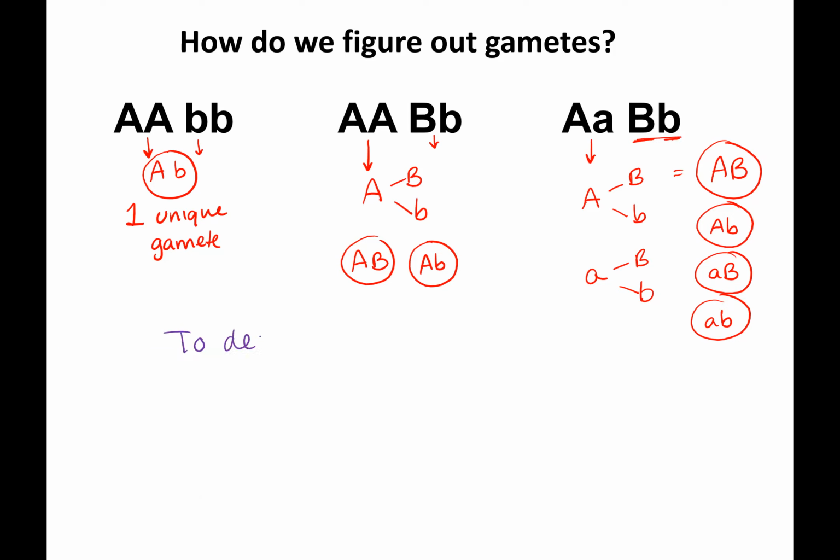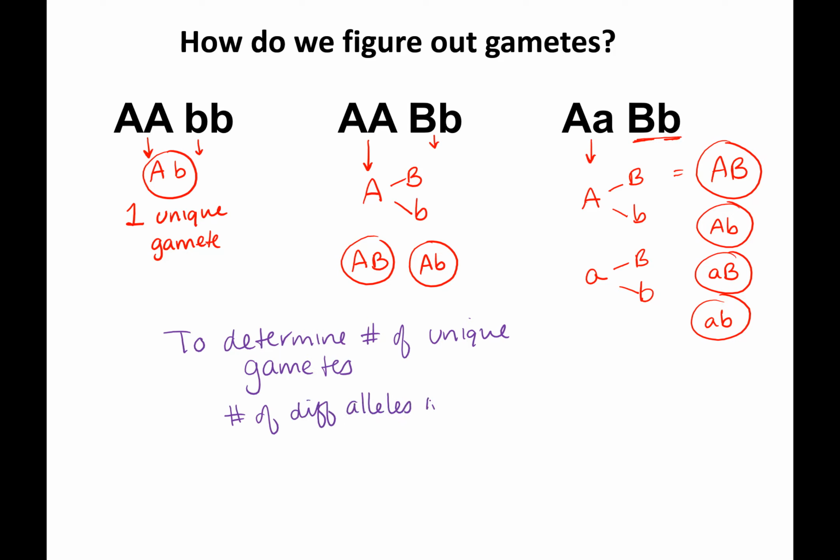To determine the number of unique gametes, you take the number of different alleles in the genotype for each gene and multiply those numbers together.